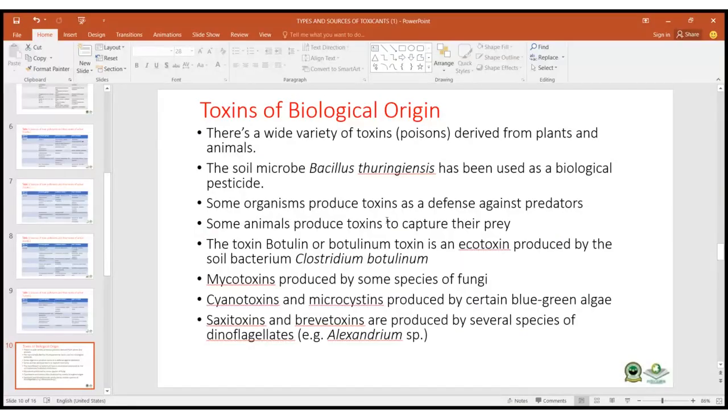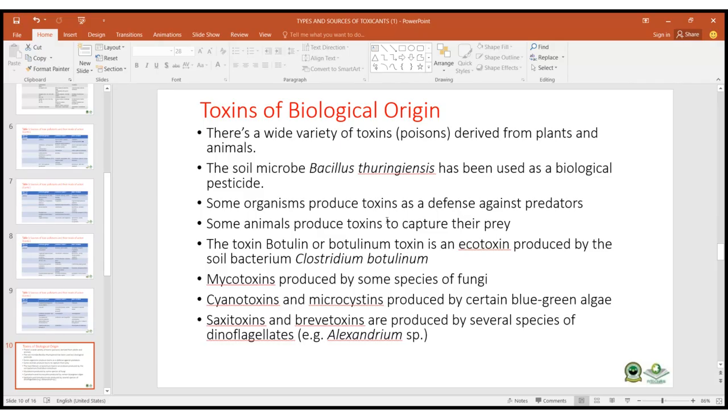Toxins of biological origin, and there are many of them, a wide variety of them, and these are poisons derived from plants and animals. Of course, you will agree with me that there are plants that are poisonous, and the reason these plants or even some of these animals release these toxins is for them to protect themselves against predators.